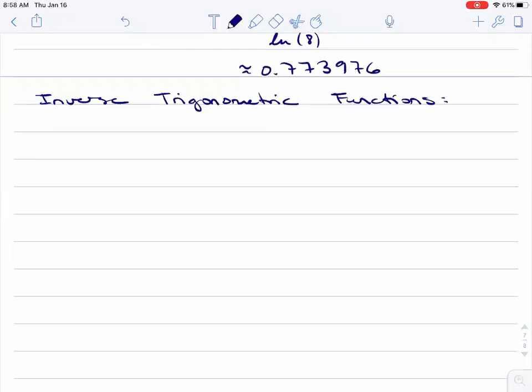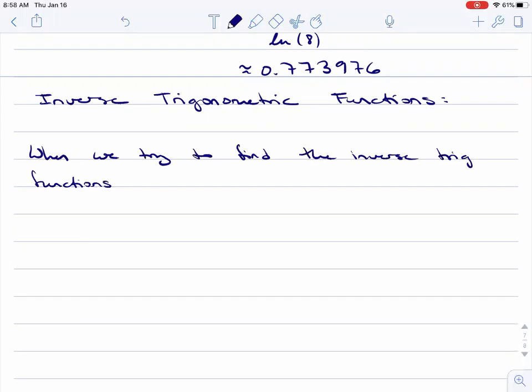So when we try to find the inverse trig functions, we encounter a problem.